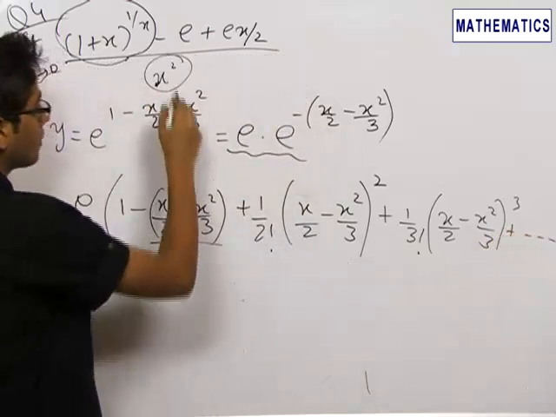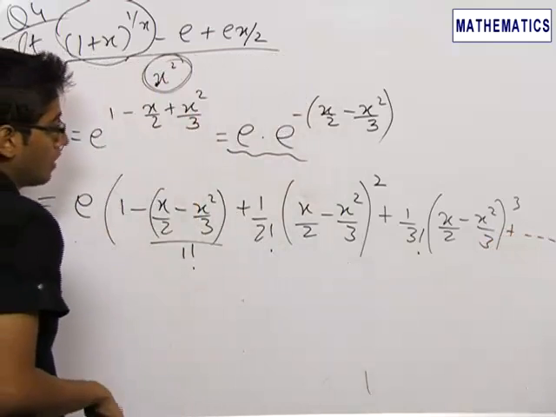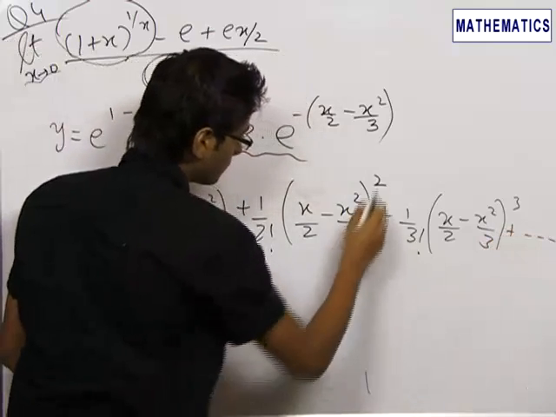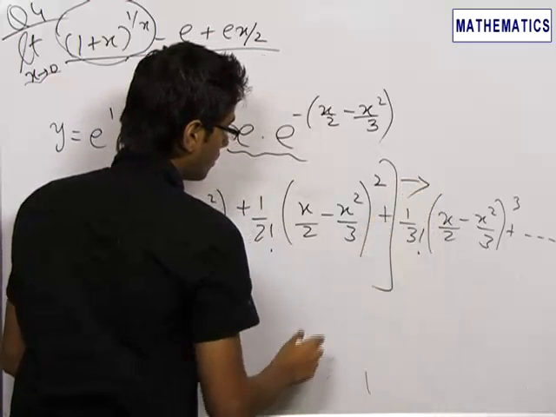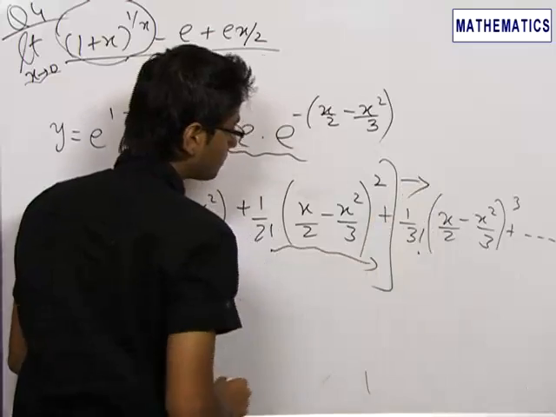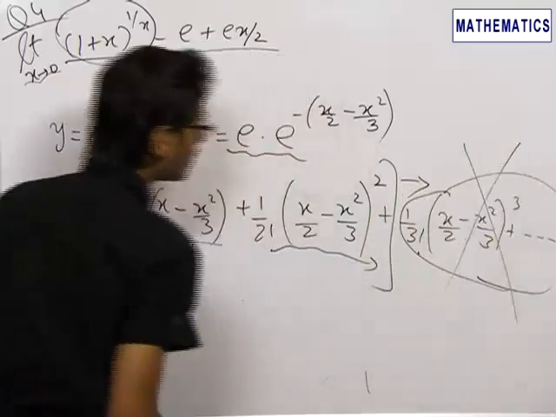Now we see in the denominator we have an x² term, and we are not getting an x² term from any term after this term. So all these terms are useless for us, we don't require them.